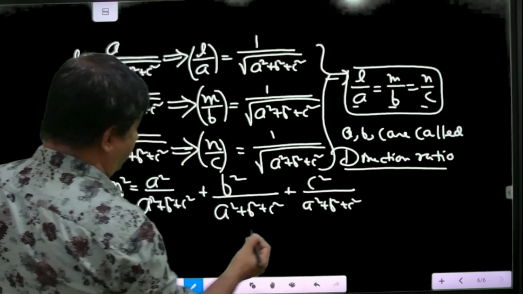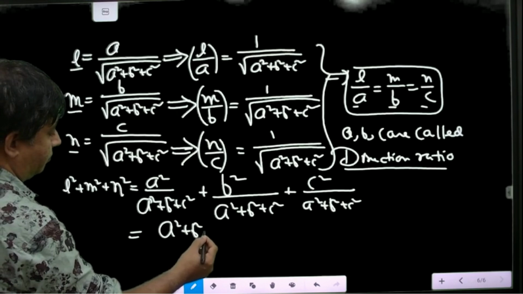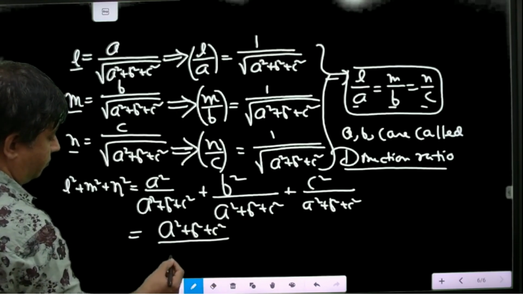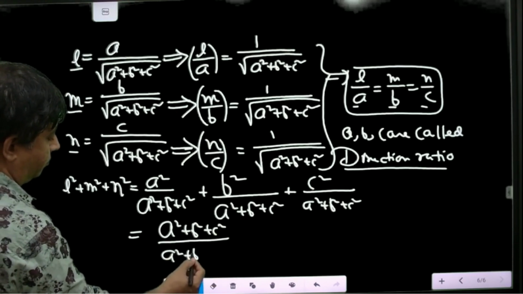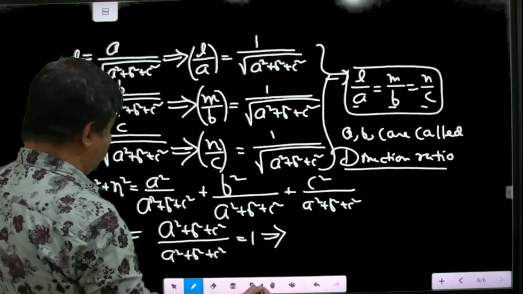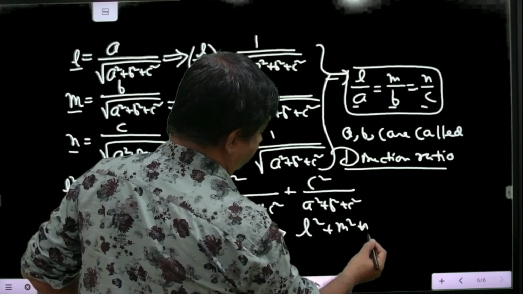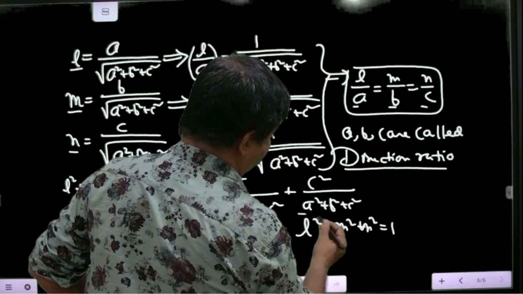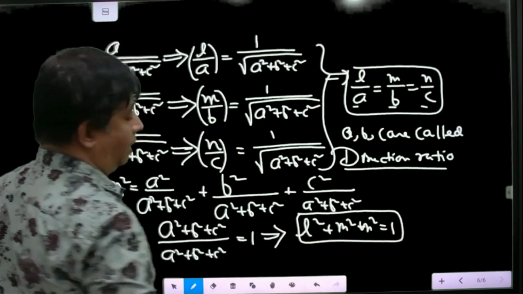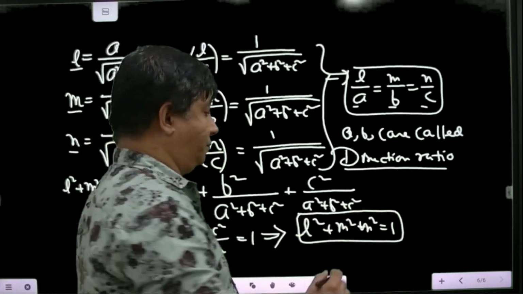So that will give us the sum of the squares of the direction cosines is 1.